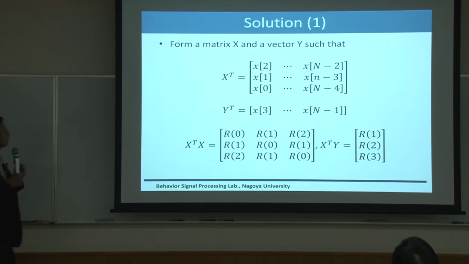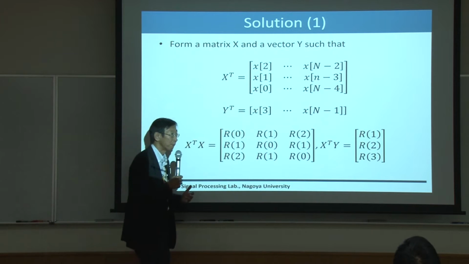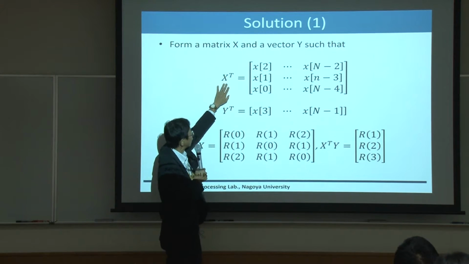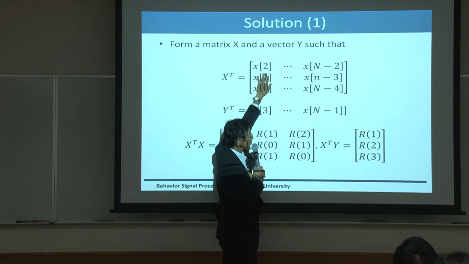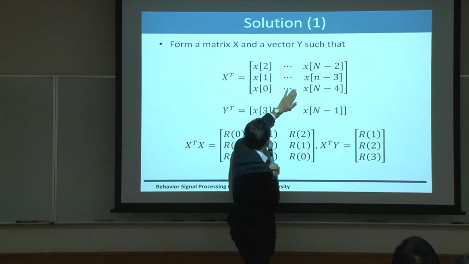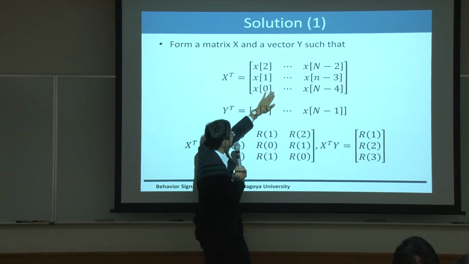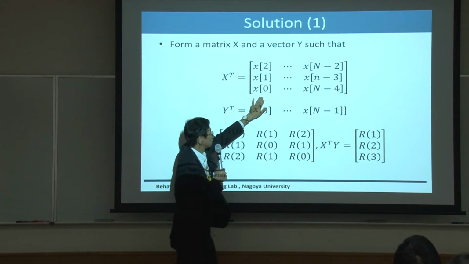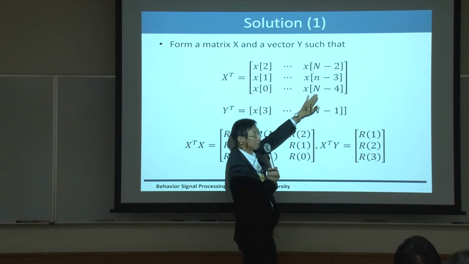Therefore, again, we can compose the transpose matrix of xn like this, starting from 2, ending at n minus 2. I'm sorry, this is capital N. Starting from 1, ending at capital N minus 3. Starting from 0 to n minus 4.